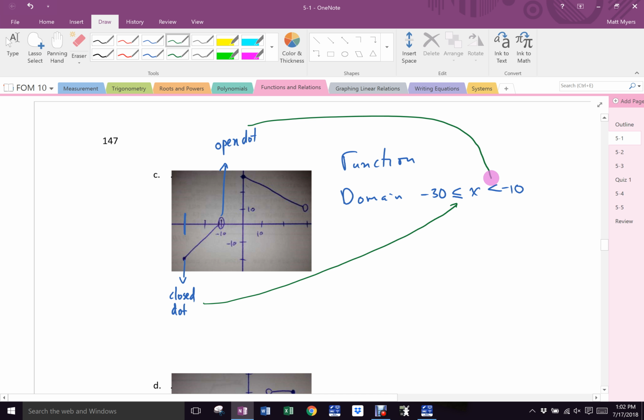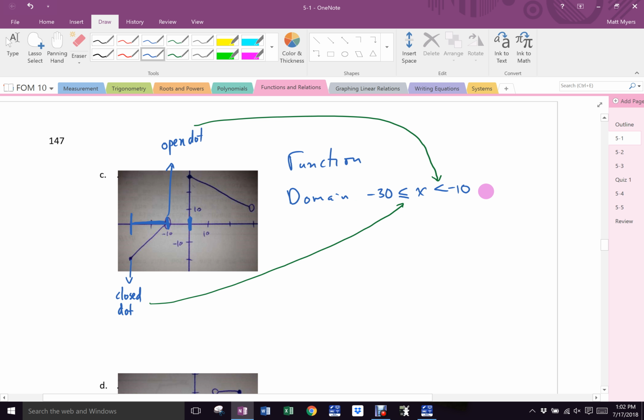And this because it's an open dot. So our domain goes from there to there, correct? But what happens right here? It starts again with an open or a closed dot. Closed dot. So is it included? So it's 0 less than or equal to x.